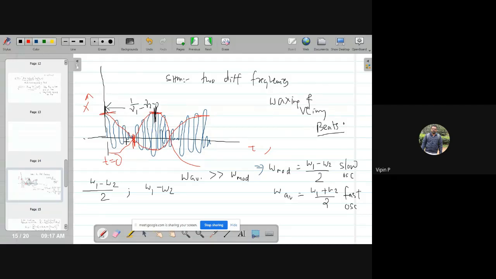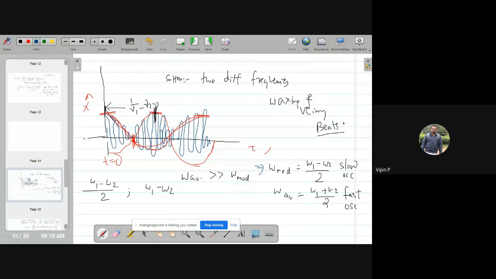Look at here. When one cosine curve is completed, when will that be completed here? It starts from here and goes back here, right? This is one cosine curve. I'll draw it in green.